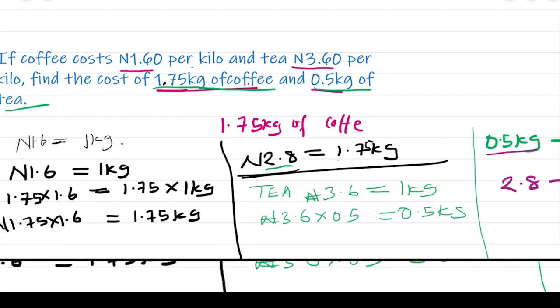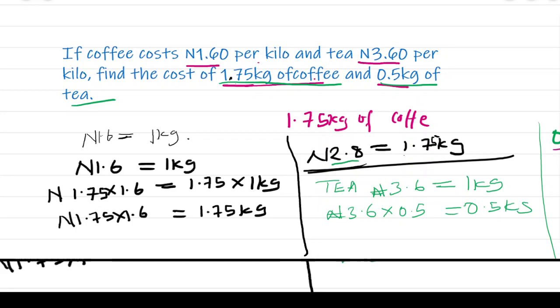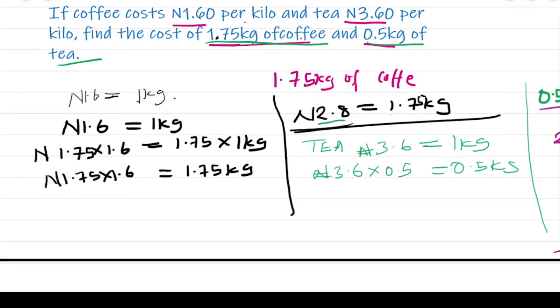So let's go through what we did one more time before we move on to the next problem. We are told that coffee costs 1.6 naira per kilogram and tea costs 3.6 naira per kilogram, and we should find the cost of 1.75 kilogram of coffee and 0.5 kilogram of tea.